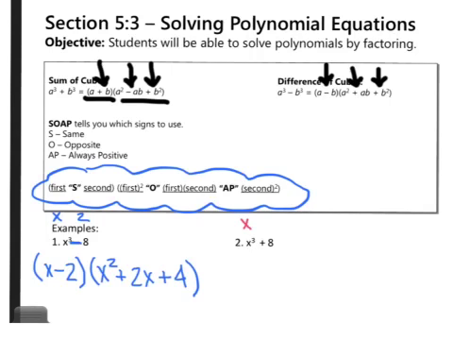The cube root of 8 is 2. So I'm going to take my first term, which is the x, same sign, second term, x plus 2, times the first term squared, so that's my x squared.